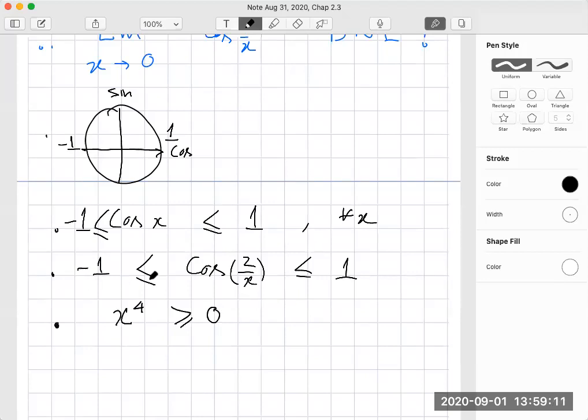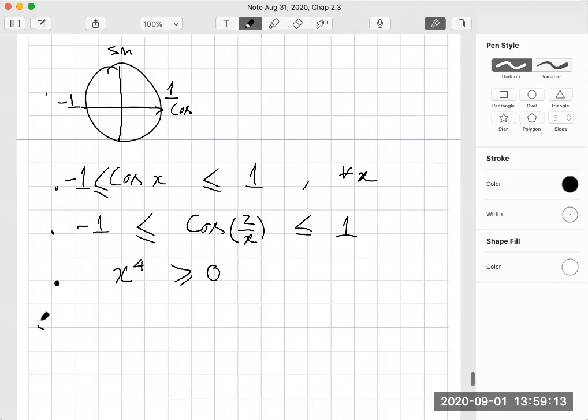Therefore, for the product, we multiply x to the 4th to both sides of this inequality, and at the center.